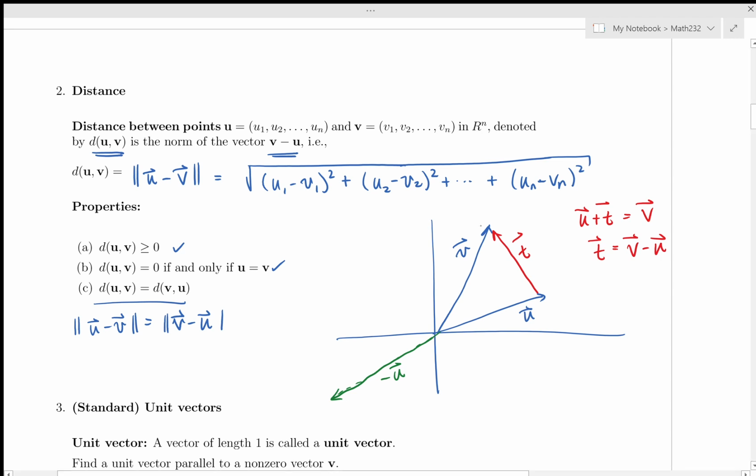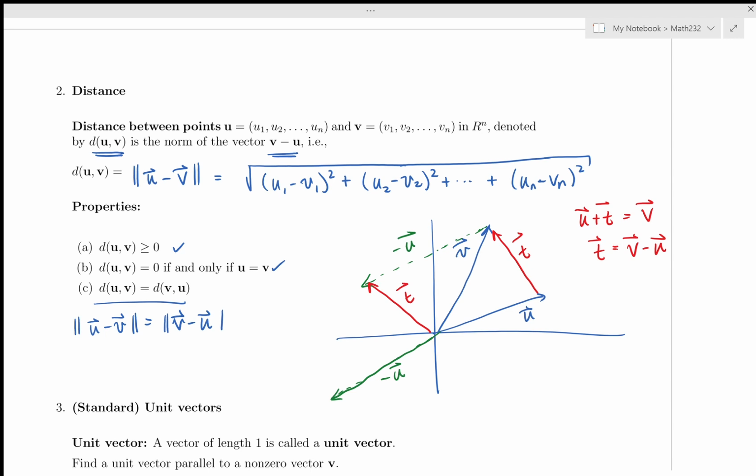So this is minus u up here, and I would see another place where I could see t. It is the same vector, the same direction and the same magnitude. That is the difference between those, and you can see that that's the distance between u and v.